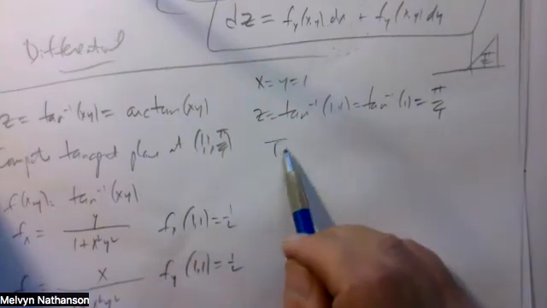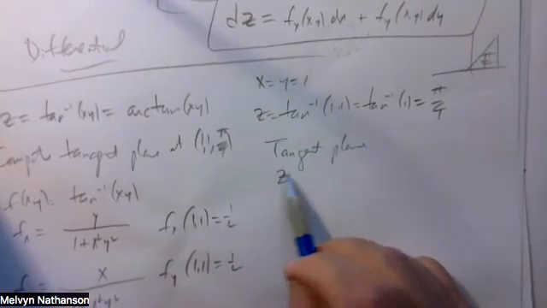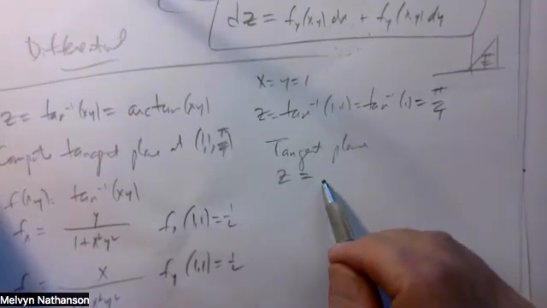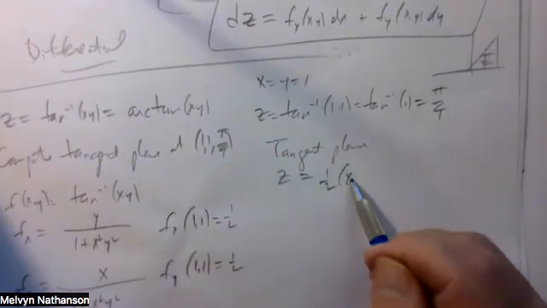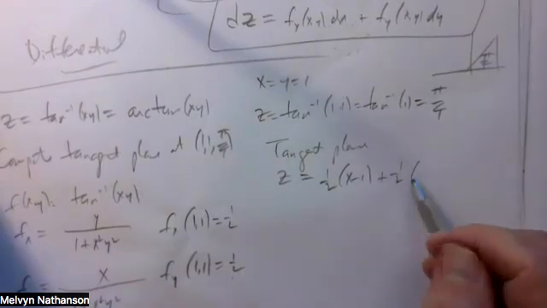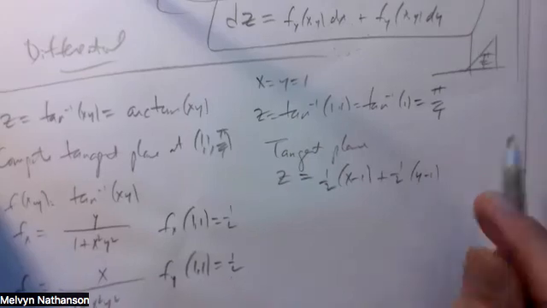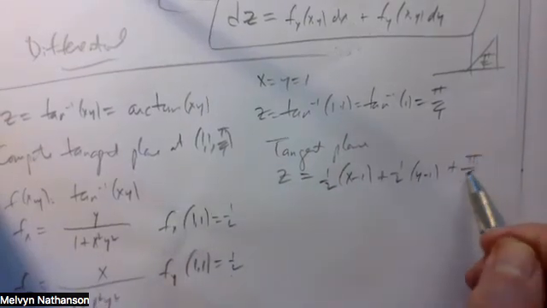So the tangent plane would be in the form z equals partial of f with respect to x times x minus 1 plus partial of f with respect to y times y minus 1 plus the value of the function at 1, 1, which is pi over 4.